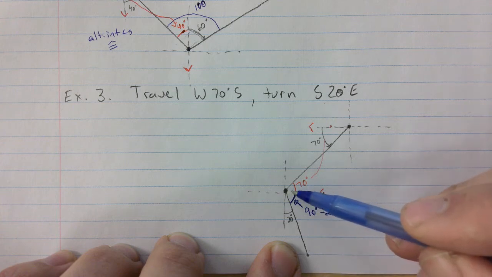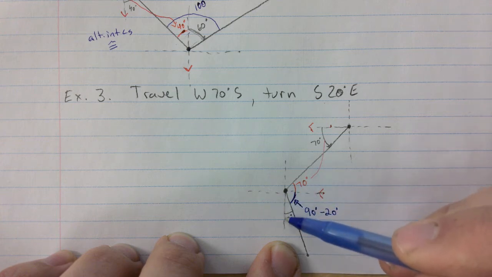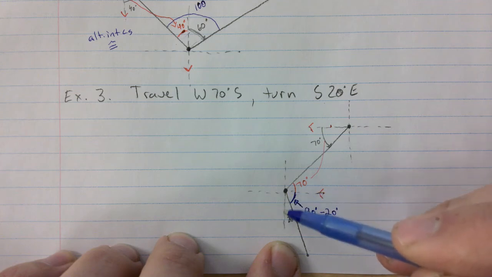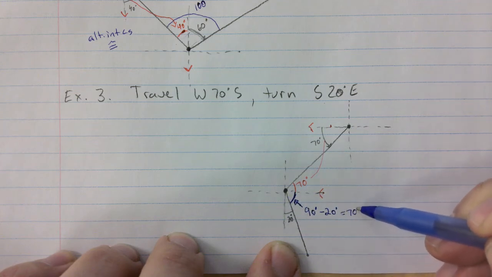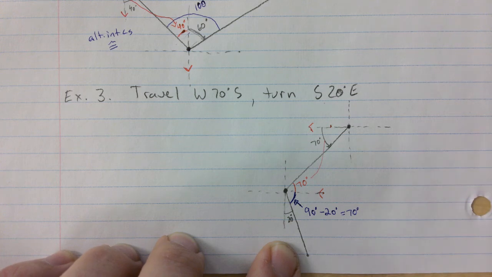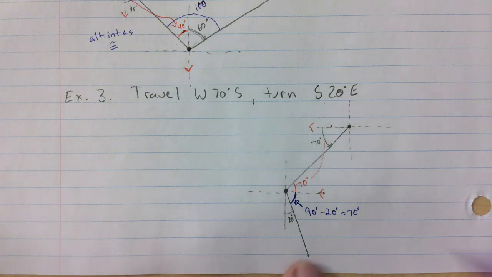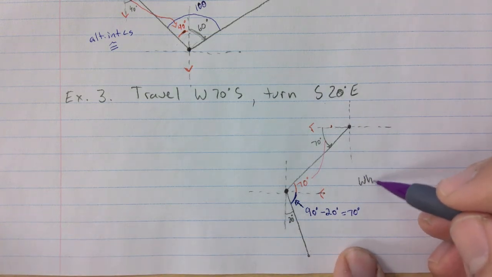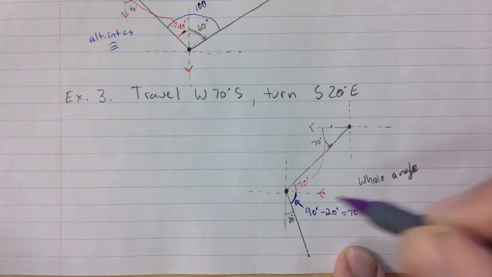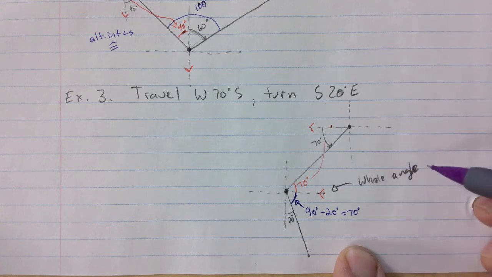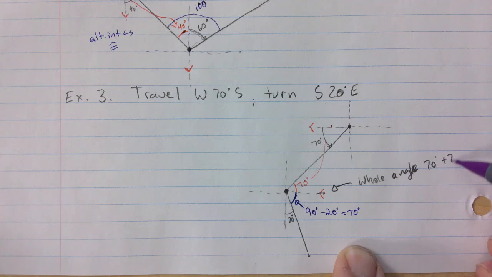Because we know that between east and south, it's 90 degrees here. So that's 70 degrees, right? And now it's quite busy here. Whole angle, that whole angle there is 70 plus 70, which is 140 degrees.